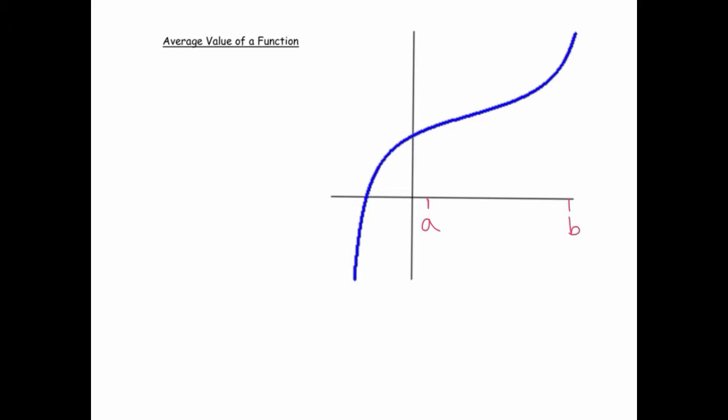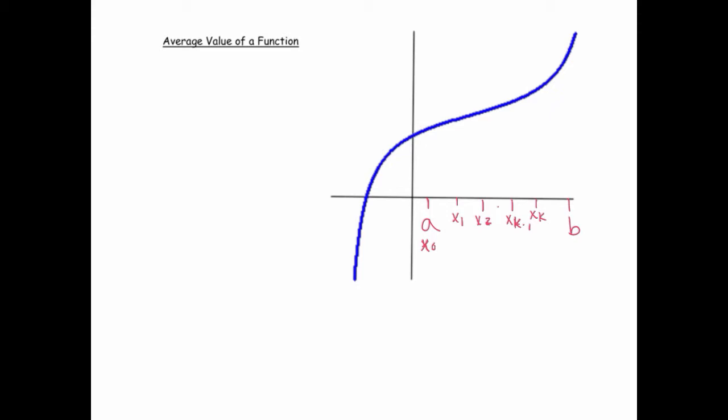So what we're going to do is pretend that this function has some samples of y values that we can use. So we're going to divide the x-axis up into some subintervals, etc. We'll call that one the kth one, or the k minus first one.